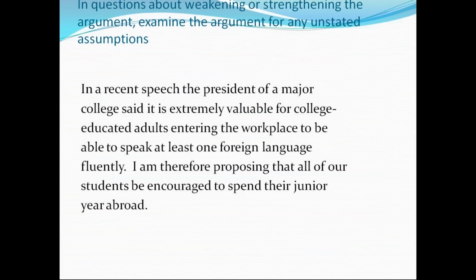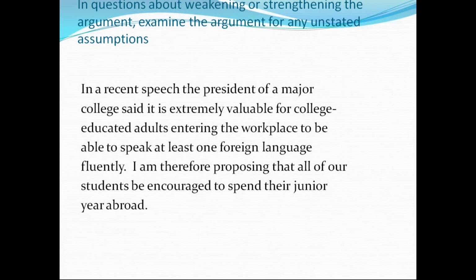In a recent speech, the president of a major college said it is extremely valuable for college-educated adults entering the workplace to be able to speak at least one foreign language fluently. I'm therefore proposing that all of our students be encouraged to spend their junior year abroad. Can anyone identify any flaw in the reasoning there?